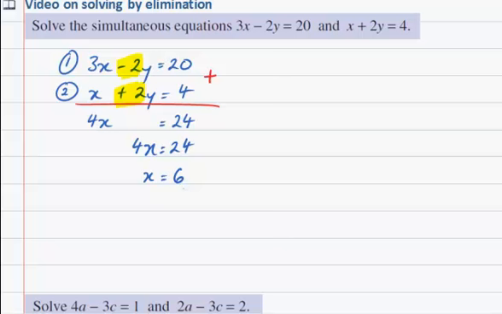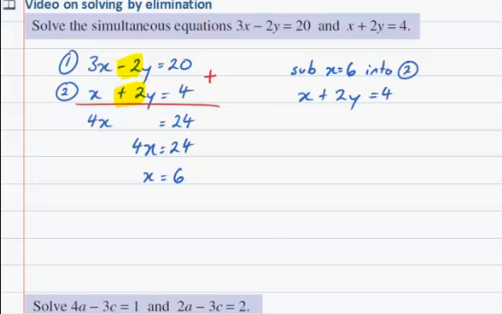Now this part of the solution is the same as when we solve it by substitution. We take that answer, x equals 6, and substitute it into one of the other equations. It doesn't matter which one, try to pick the one that's going to be simpler to solve. I think the second one is going to be a little bit easier. So let's write down the equation: x plus 2y equals 4.